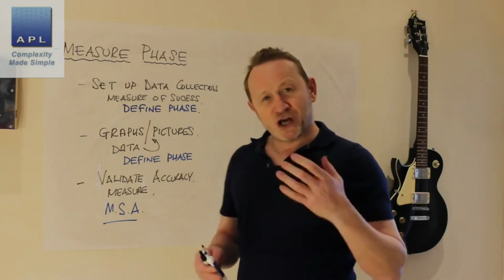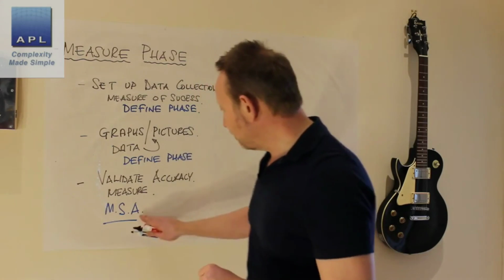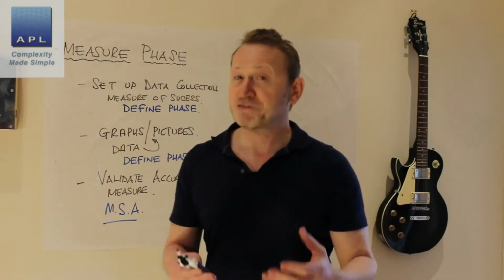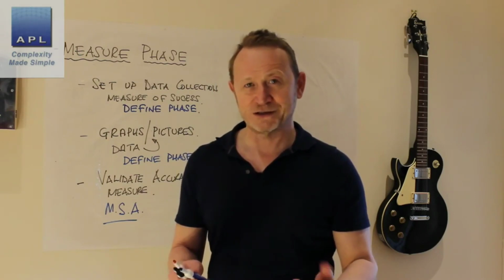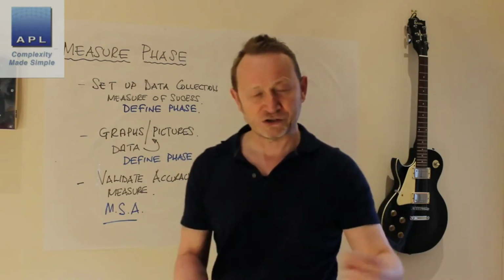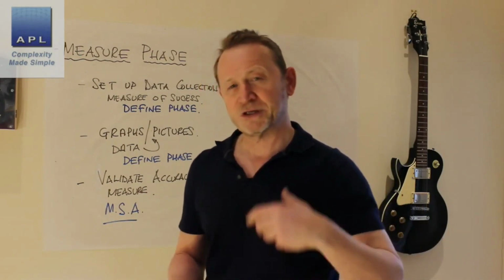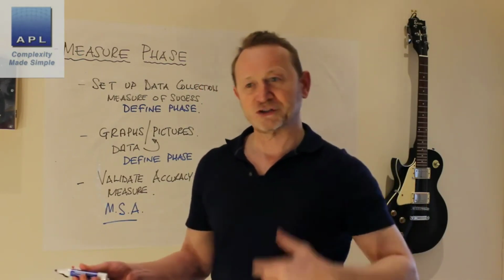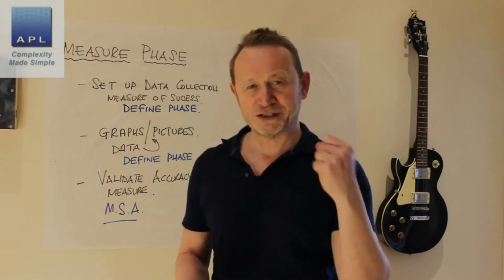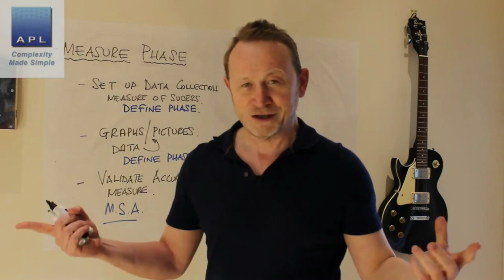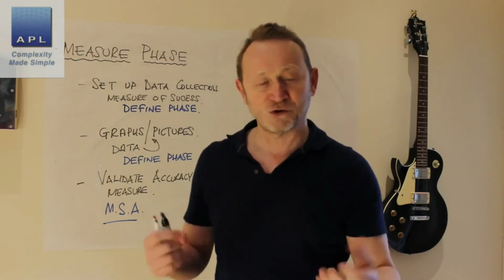But even where you don't have to do an MSA, you have to validate the accuracy of the data. So sometimes, for instance, I did a project which was on days late. We ordered the product. When the goods came in, we had a date received against a date that we expected it. We took one from the other, and I knew whether I was late, early or on time.